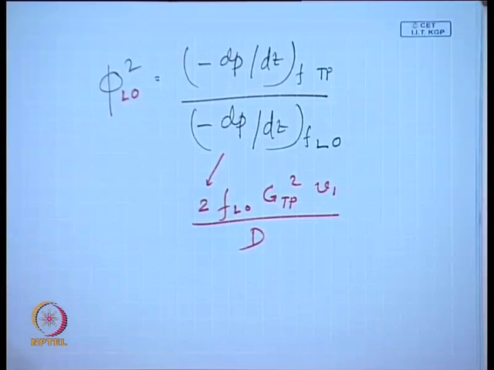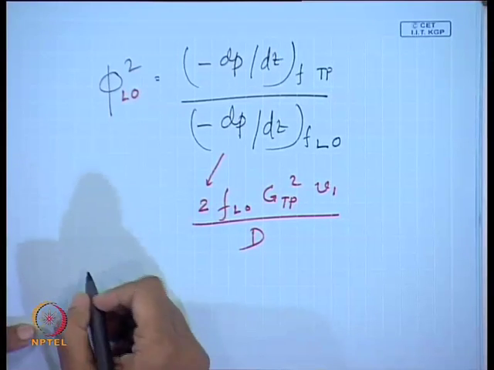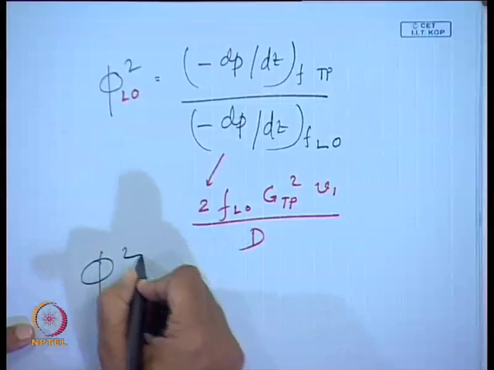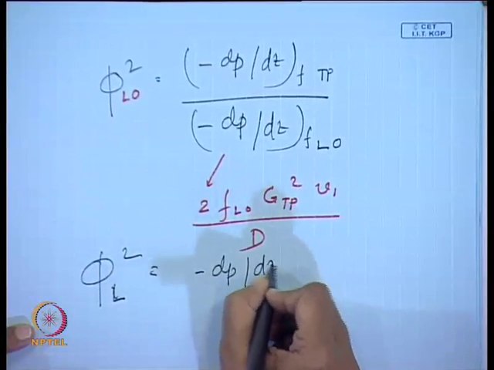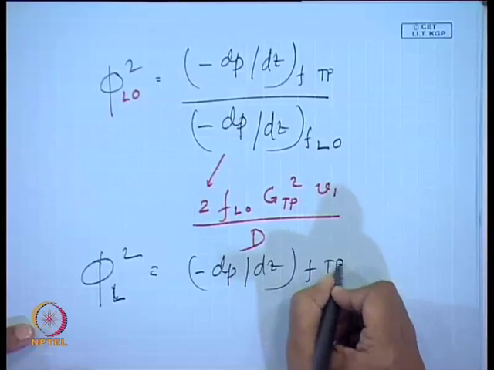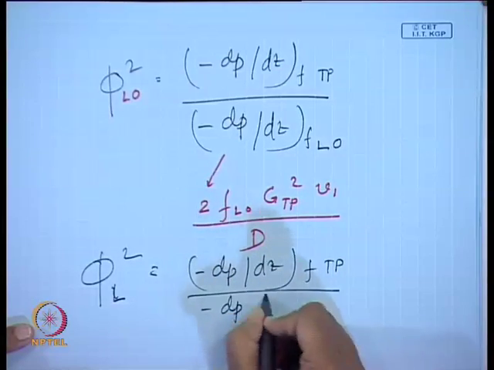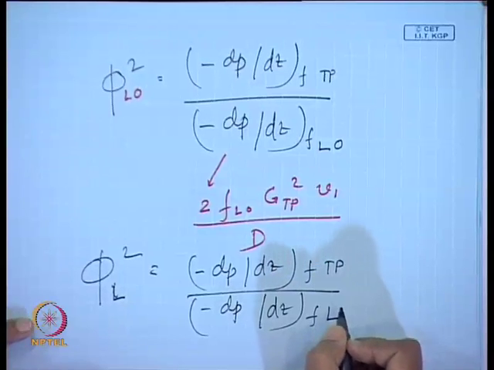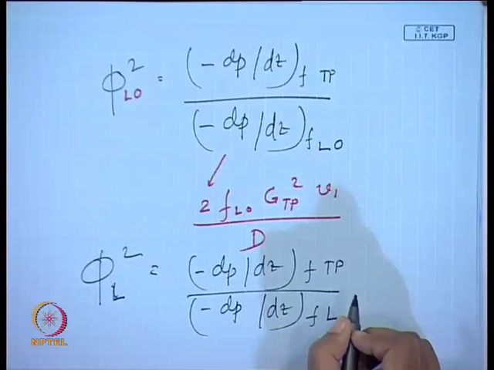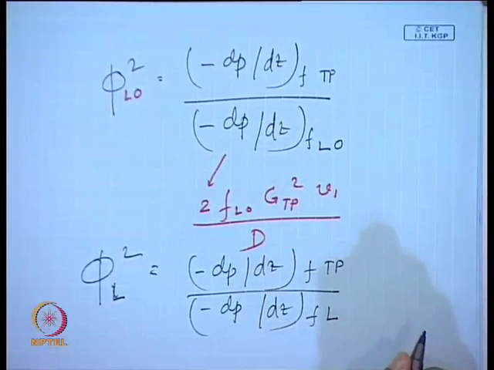There can be another correction factor which we can define as phi L square, which is the two phase frictional pressure gradient divided by the frictional pressure gradient when the liquid which was there in the pipe now flows alone. Do you get the point? Whatever liquid was there, try to understand the difference between the two.